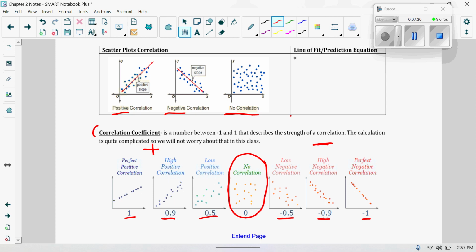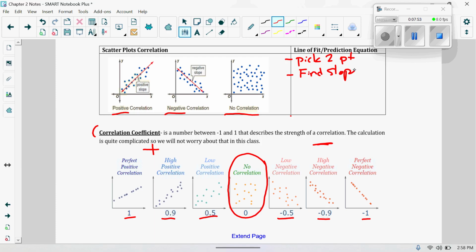So a good way to do this would be to pick 2 points that we're given. So we're given a table with points in it, so we're going to pick 2 of those. And with those 2 points, we're going to find our slope.